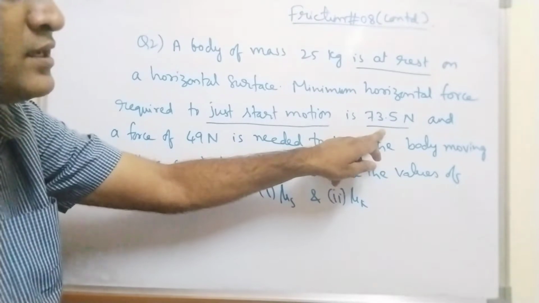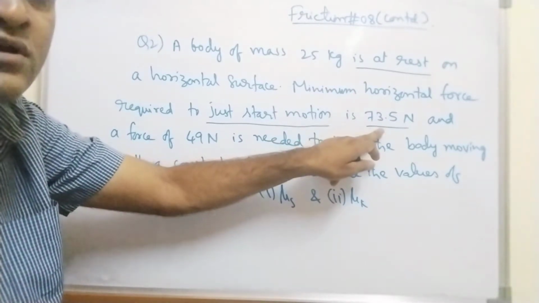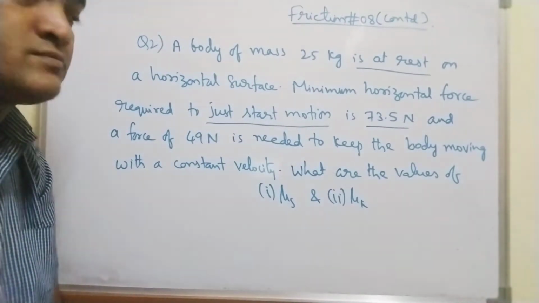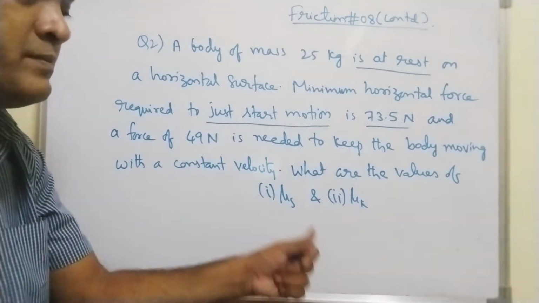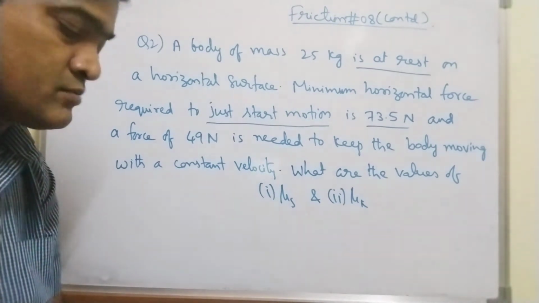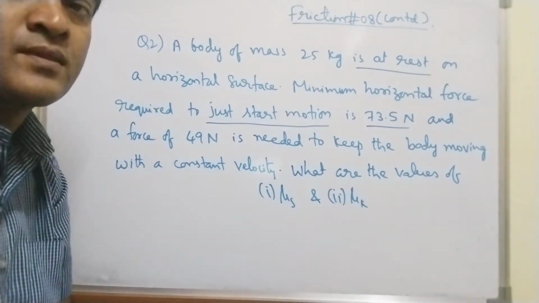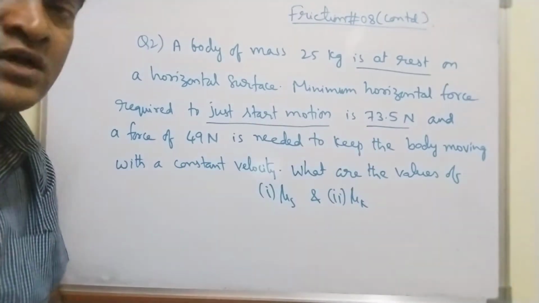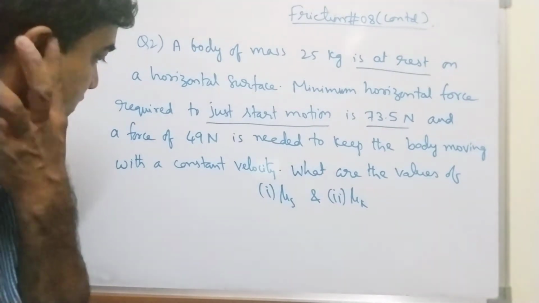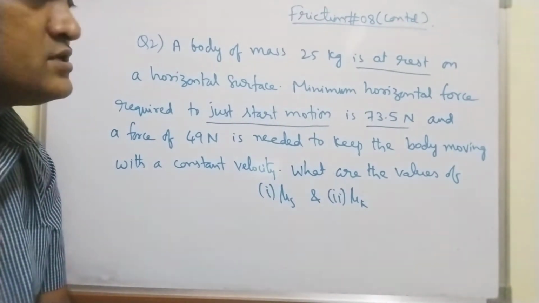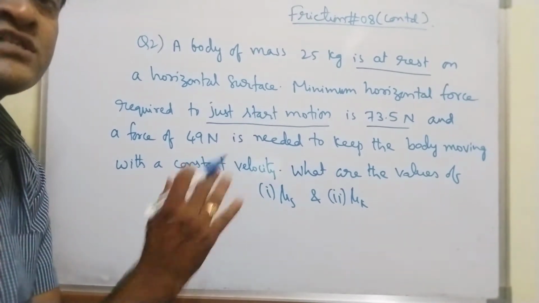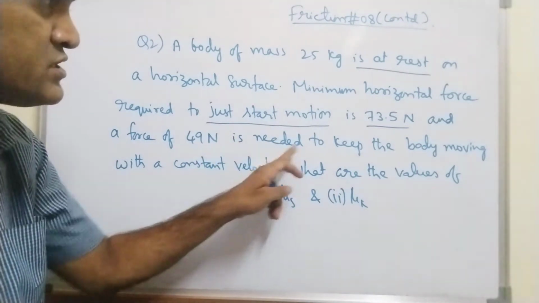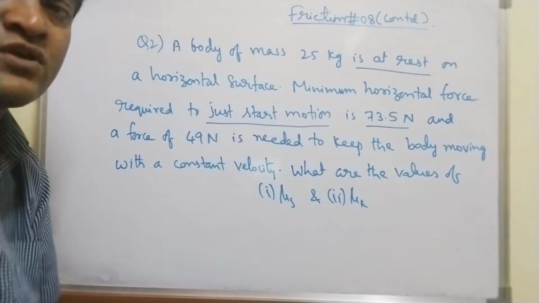So limiting friction value is equal to this applied force, because static friction is a self-adjusting force. It reaches a maximum value of 73.5 Newton.